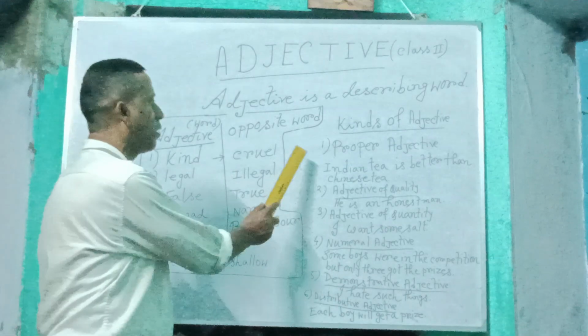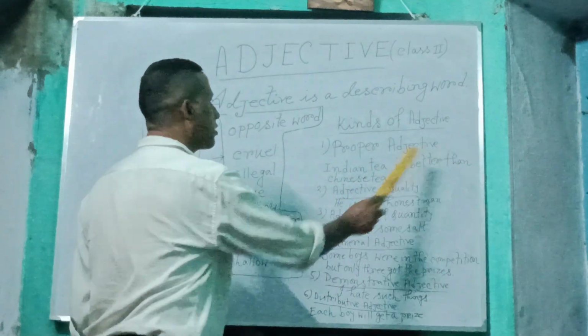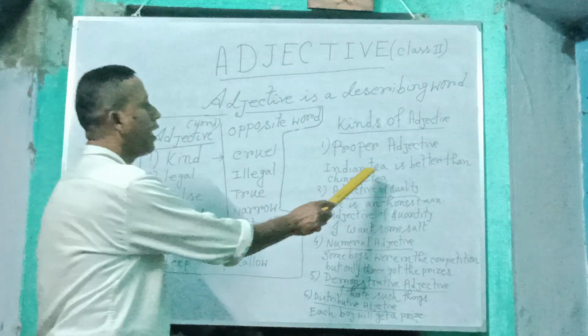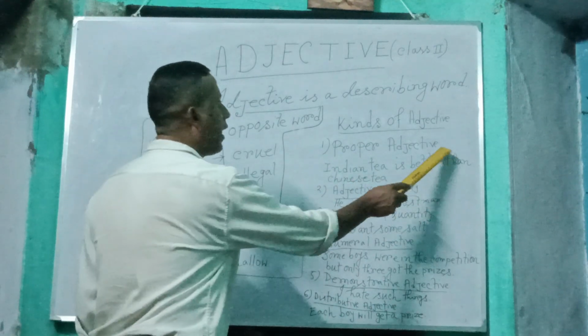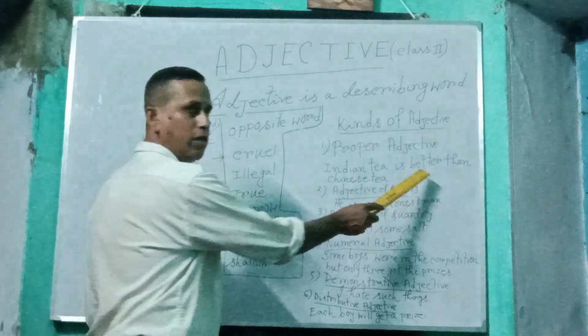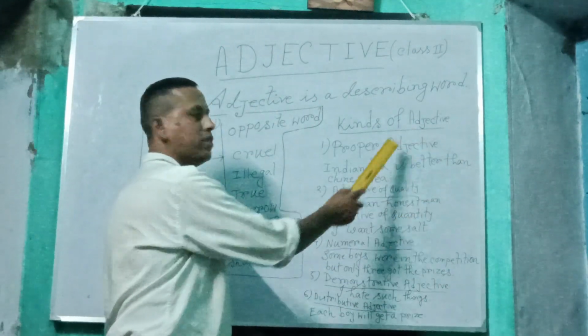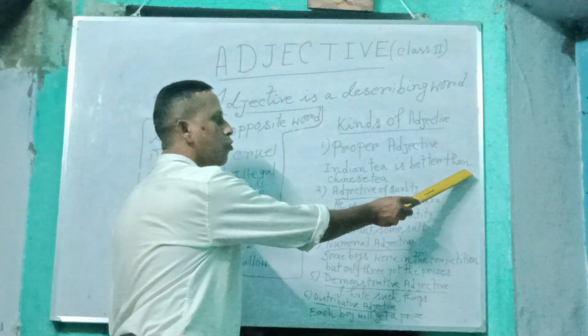The example is number one: Indian tea is better than Chinese tea. Here, Indian tea is better. The comparison is good, better or best. It is the comparison, so here is the adjective plus er, and the clue word is than.